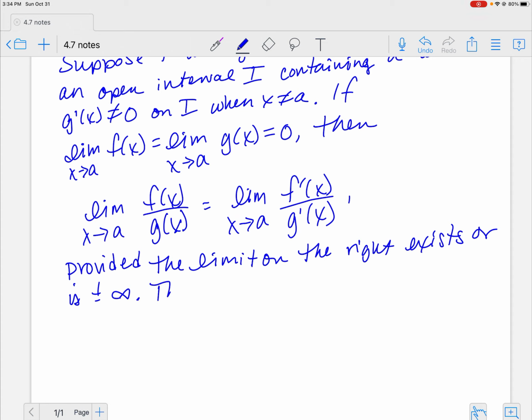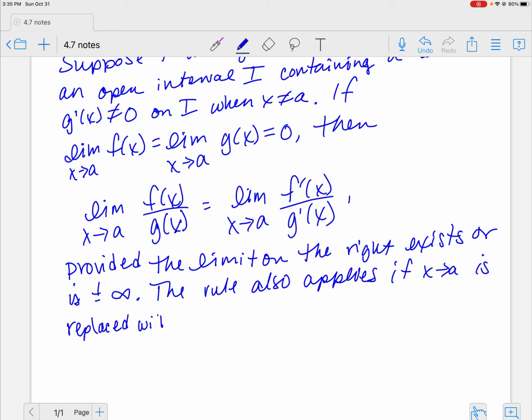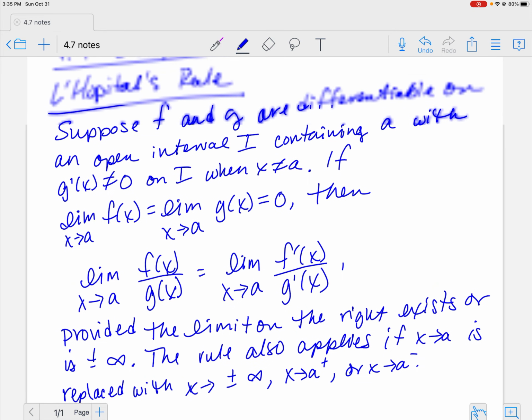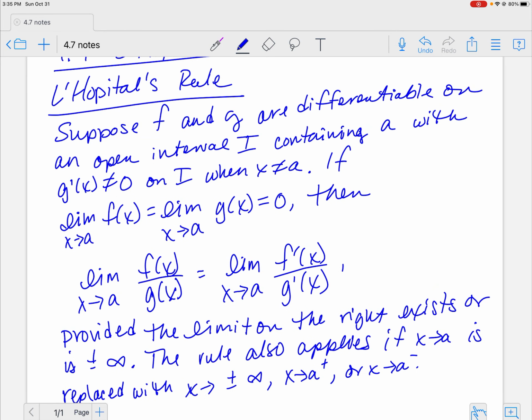The rule also applies if x approaches a is replaced with x approaching positive or negative infinity, x approaches a from the right, or x approaches a from the left. All right? So if you need to at this time, pause to get this definition written down, and then we're going to move forward.